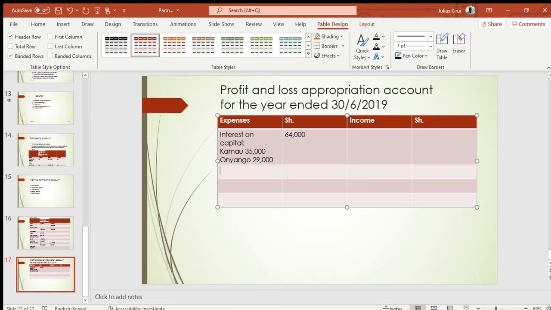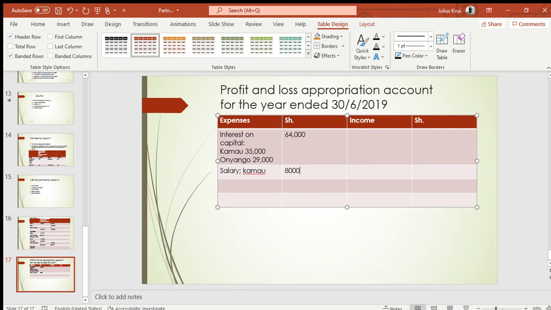Okay, next. Do you have salaries? Partnership salary 8,000 to Kamau. So you come to Kamau, salary. You write salary. Salary is paid only to who? Who is paid salary? Kamau. How much? 8,000.